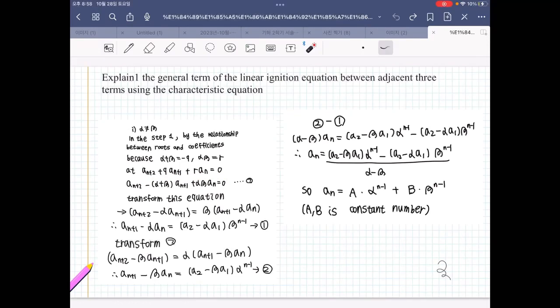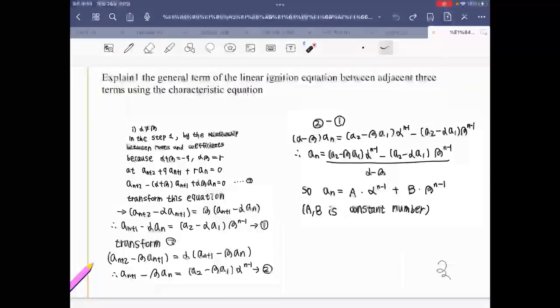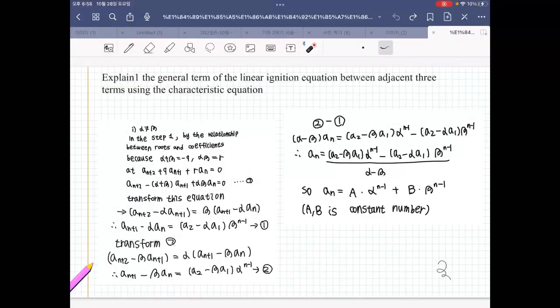And we can get this equation by the relationship between roots and coefficients. And transform this equation like this. We can get this equation, and I name this equation 1.